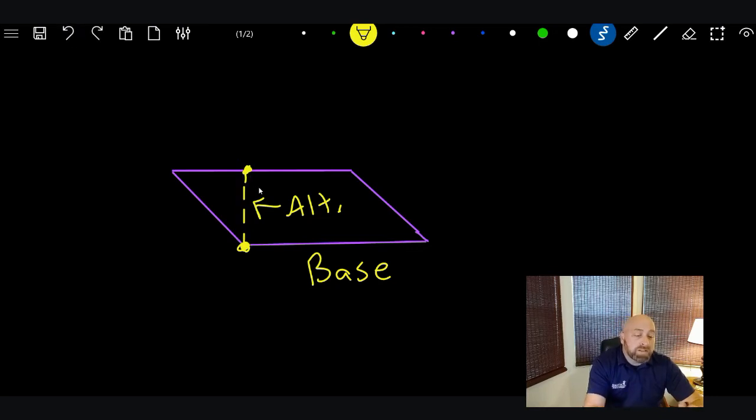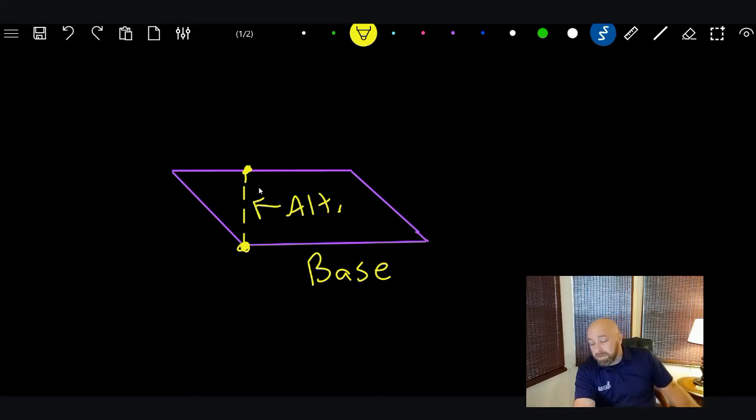So when we measure the distance between the base and the top, so kind of the height or the altitude of the shape, we're going in a perpendicular line from the base. It has to be a straight line to be perpendicular. So a perpendicular line to the base will give us the altitude of the shape.